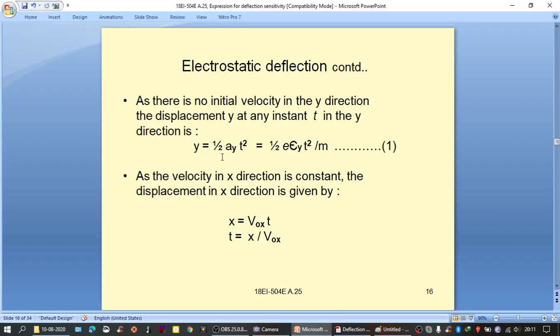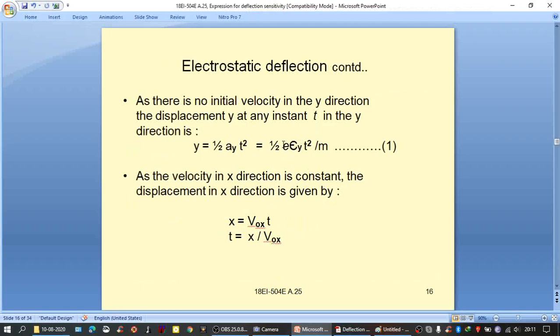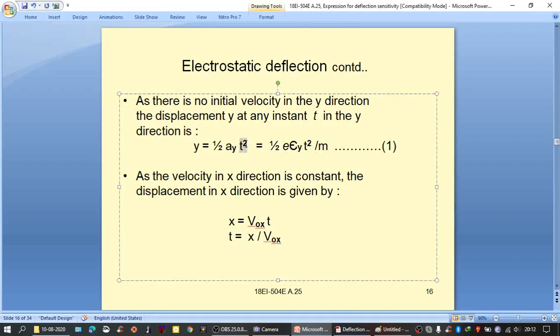Here the initial velocity is 0, because in y direction there is no initial velocity. So when initial velocity is 0, the displacement is simply half Ay into t square. In place of Ay, I can rewrite E into Ey by m, so it is half E into Ey by m multiplied with this t square.